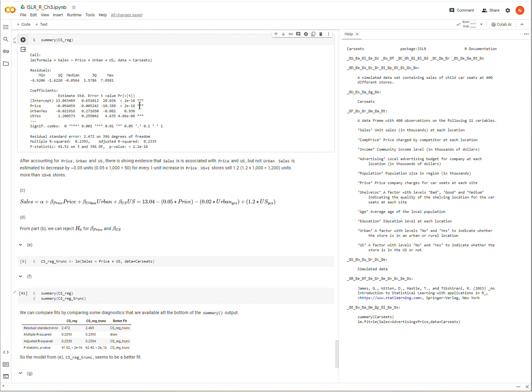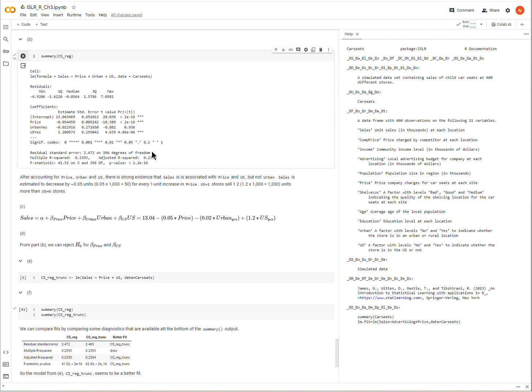We see that price and US are much lower than 0.05, but for urban it is not. So the ones we can reject the null hypothesis for, which means we think these things do have an association, are price and US.